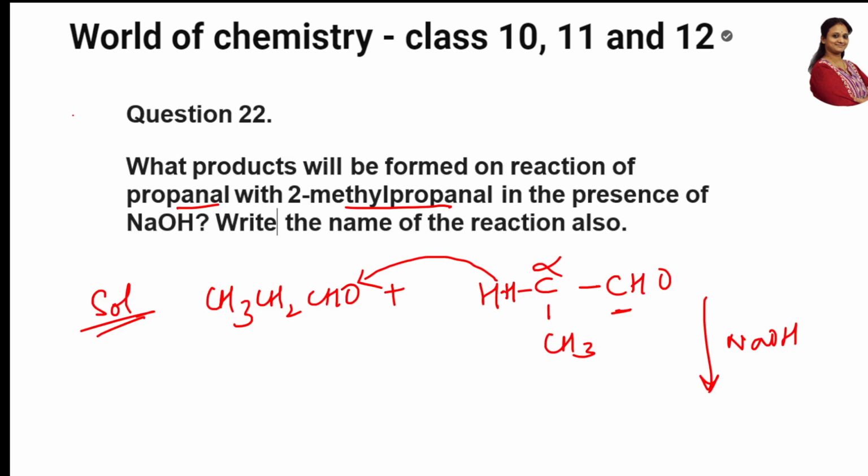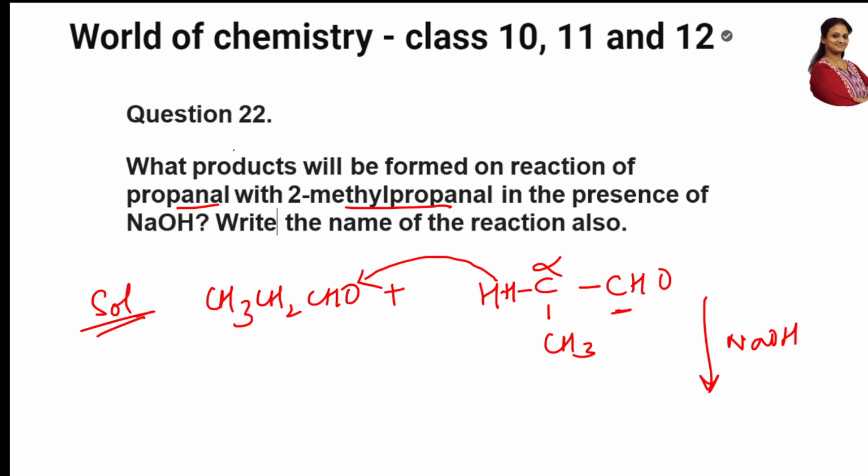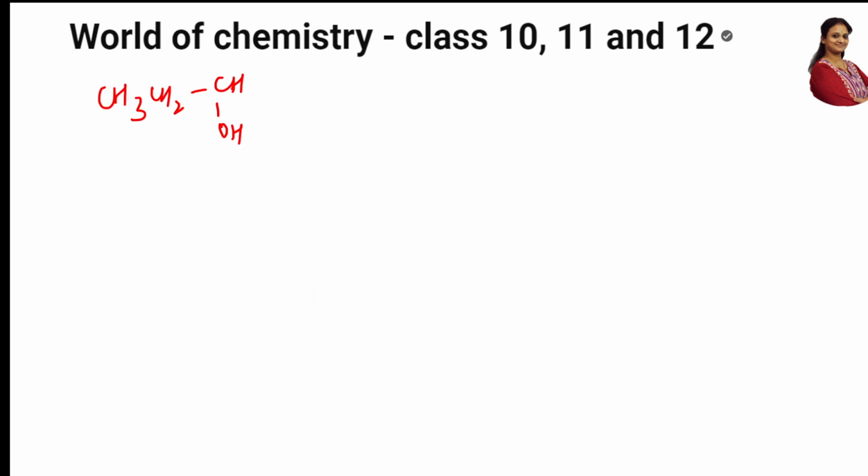I'm writing the whole compound here again: CH3CH2CH(OH). Am I clear, students? See here, that H is shifting and OH is down, and you will be getting again CH3CH2CHO.